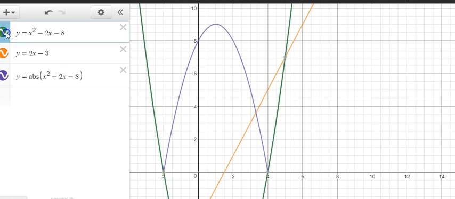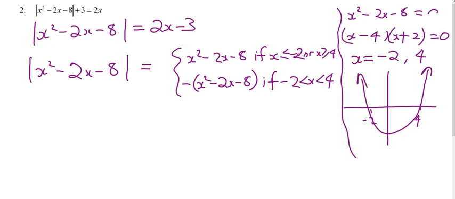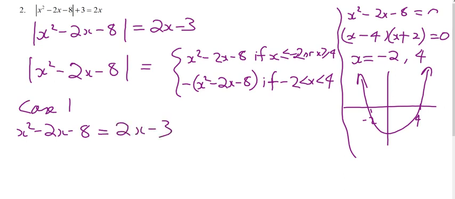So we're not interested in the green, right? We're interested in this. It's not a system as such, right? So we're just finding the x values. What are the values of x that make this equation true? All right, so case 1. Case 1 is x squared minus 2x minus 8 is equal to 2x minus 3.